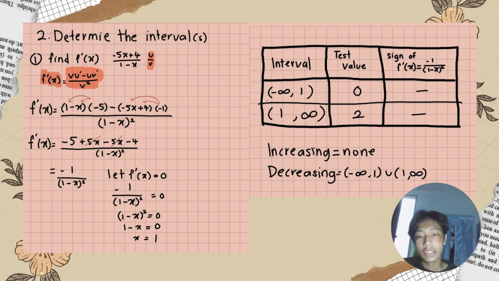The answer here, we got x equals 1. x equals 1 goes to the interval, and then we need to choose our test value and then do the calculation. Both intervals I got decreasing, so there is no increasing in this interval.